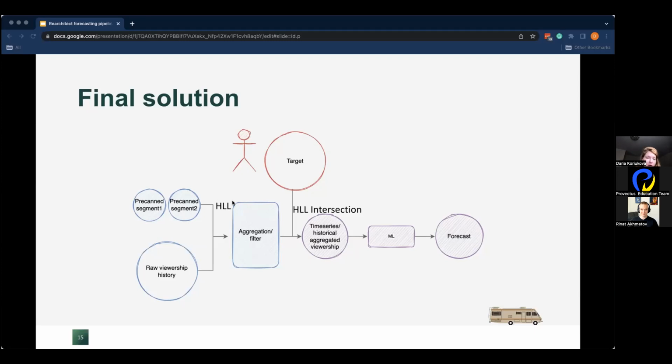Then we run our join, aggregation, filtering, whatever, and it doesn't matter how much time everything in blue takes, because the only thing we are interested in starts from the target segment. And this one runs for a few seconds, a few minutes, because HLL intersection is so effective.